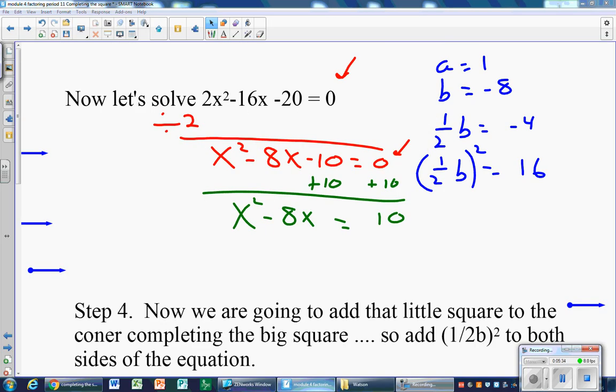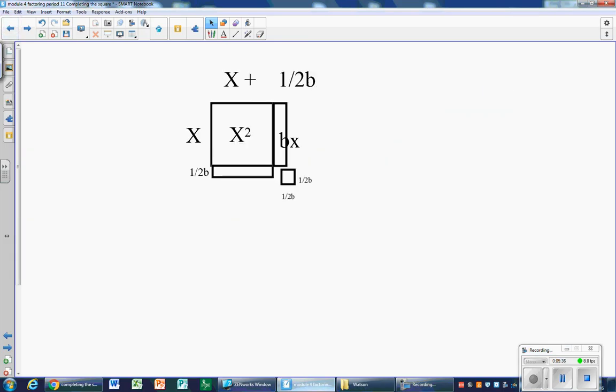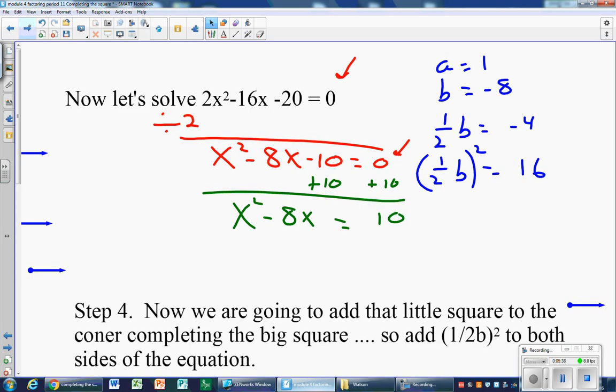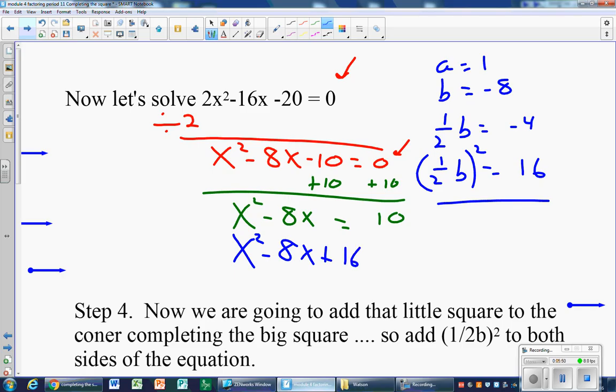Step number 4, now we're going to add that little square into the corner here, completing the square, making it a whole square. So remember, that's what we're adding. So x squared minus 8x plus 16 equals 10 plus 16. Well, I could have written 26.